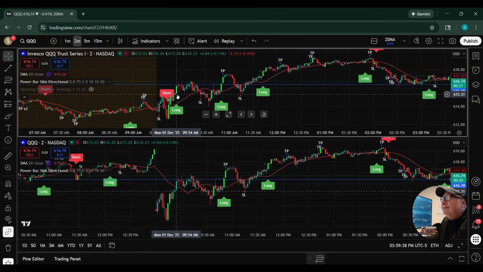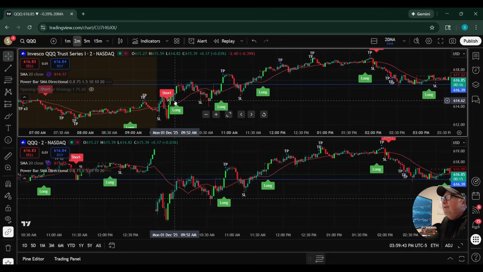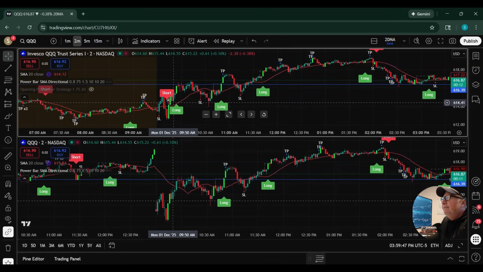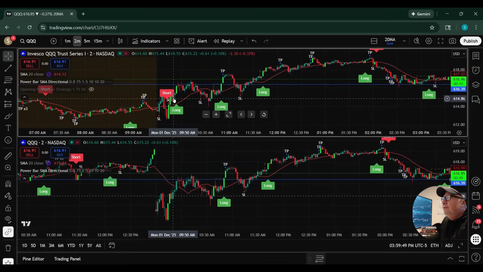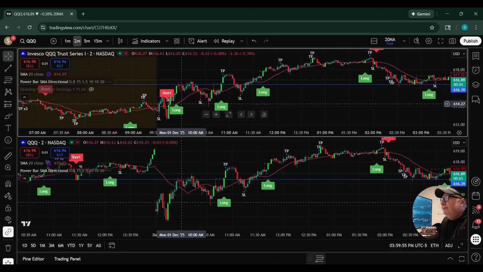The same thing with this long. This long appears to originate near the 20. I would take these 3 bars together, this 1, 2, 3, and that would be my power bar clearing resistance to the left.